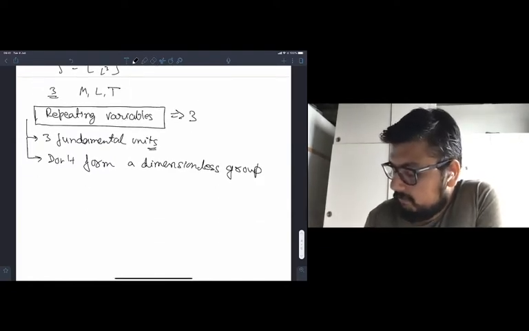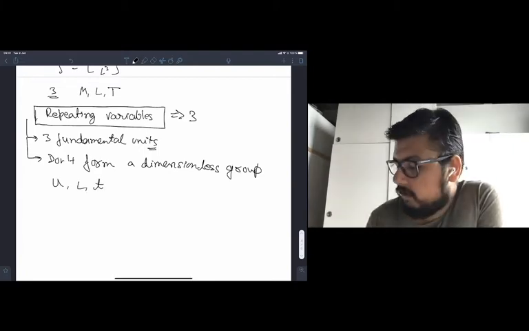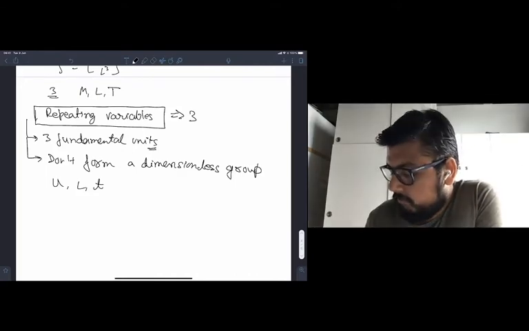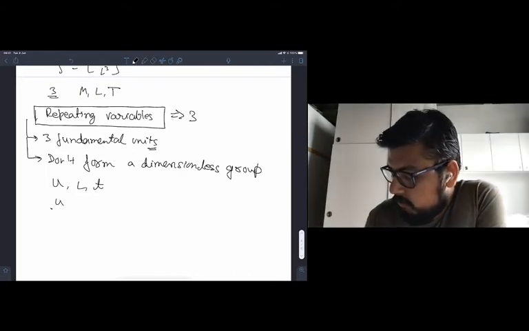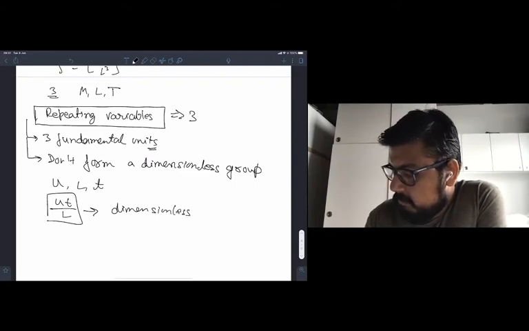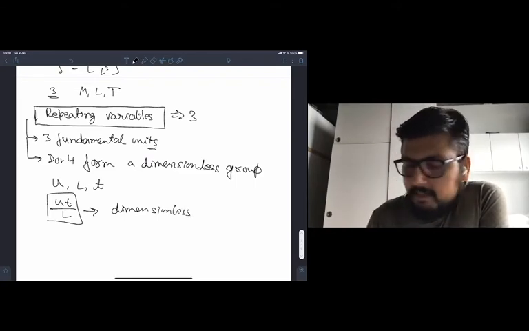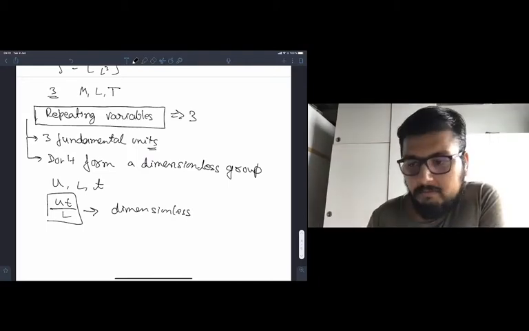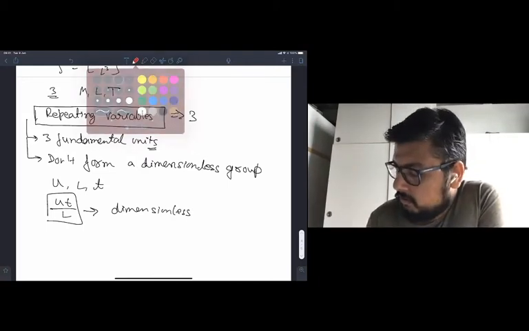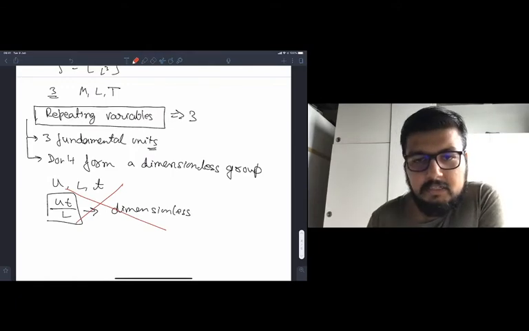It means that we cannot choose, let's say, the velocity, length, and time as our repeating variables, because we can always write it as ut upon L, and then this is dimensionless. So the combination of the three repeating variables that we choose should not form a dimensionless unit among themselves.